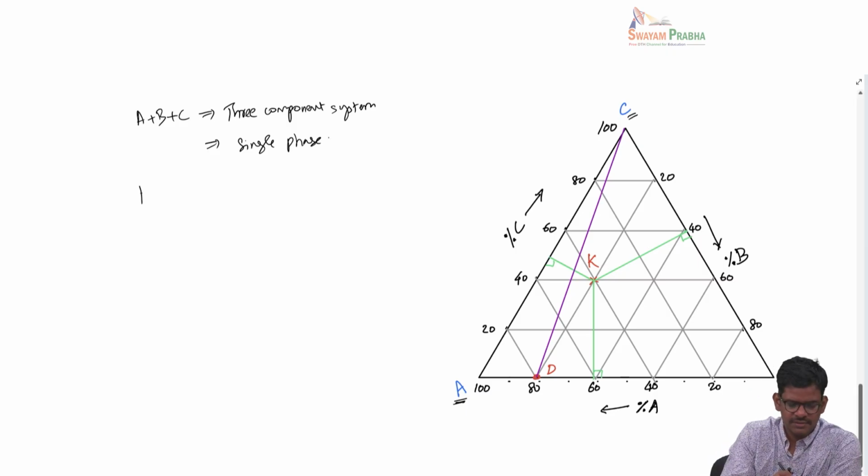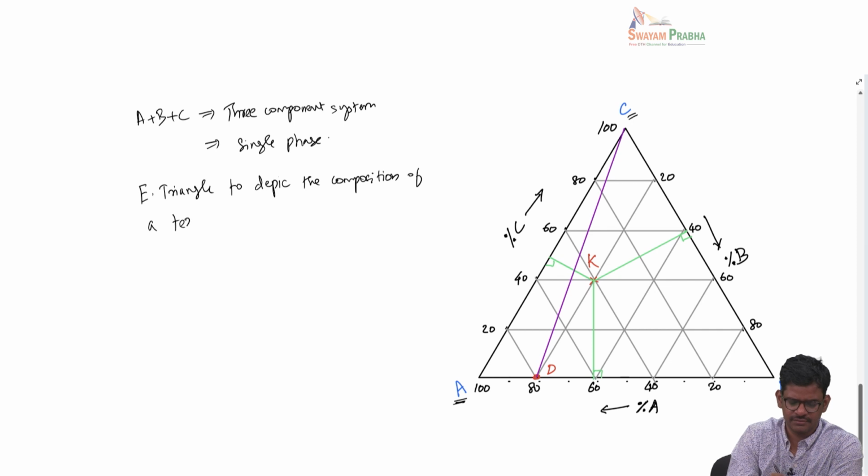And we use an equilateral triangle to depict the composition of a ternary mixture. And we say that each apex is a pure species.